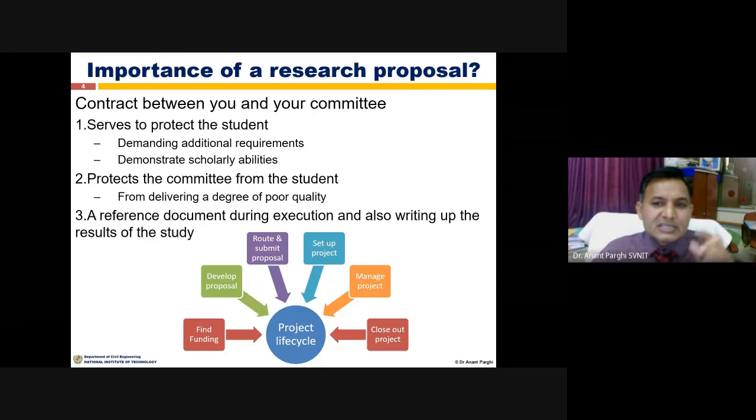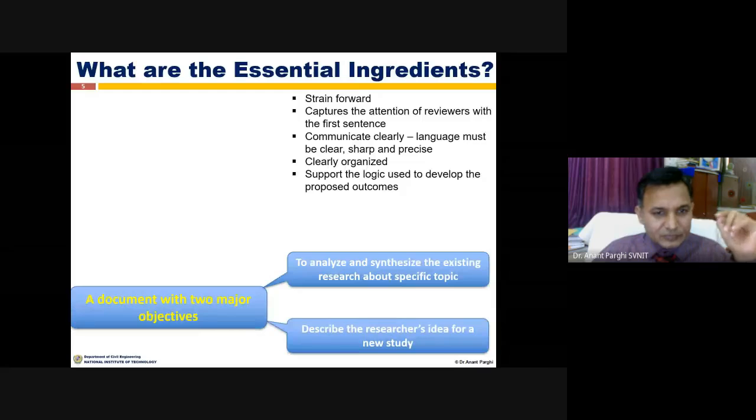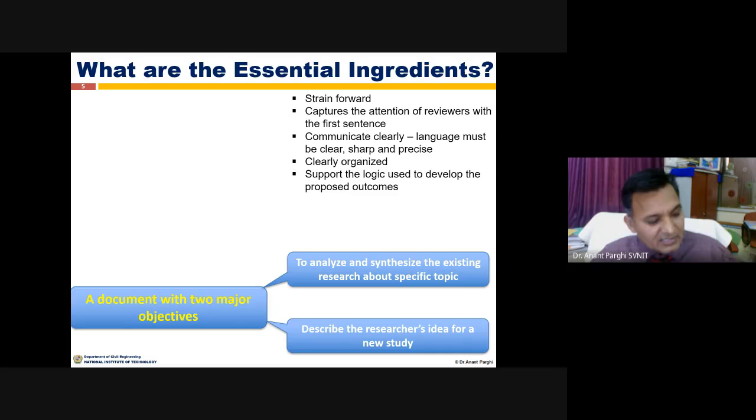Each and everything we need to keep in mind once we are writing the research proposal. This is very important during the writing of that particular research proposal. So what are the essential ingredients in the research proposal? Your proposal should be very straightforward.